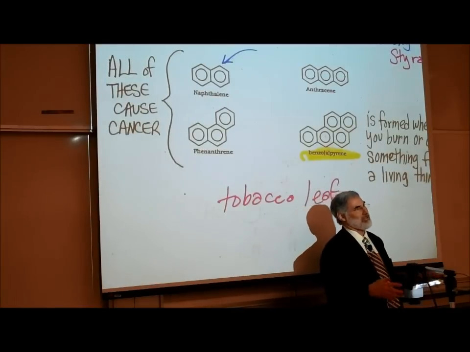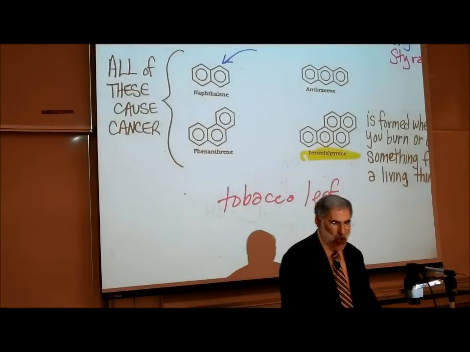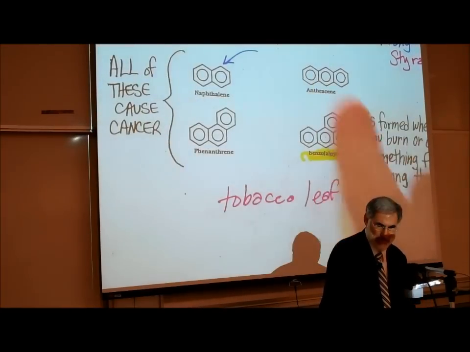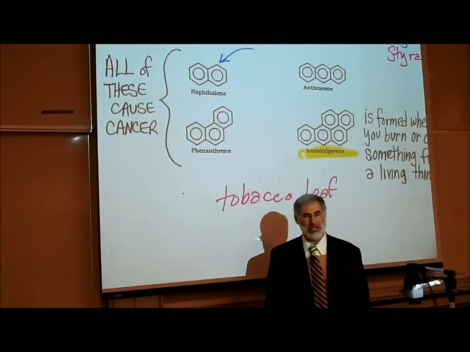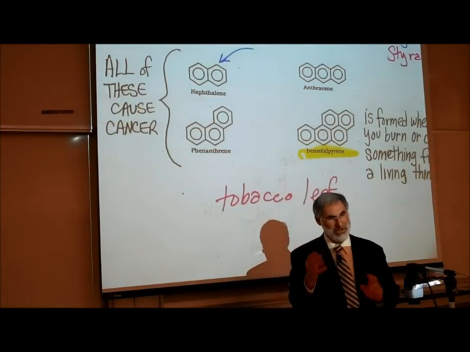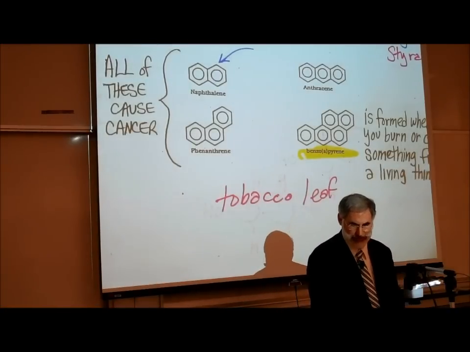And so if you've got two or three or more benzenes joined together, they still cause cancer. All of these cause cancer. Now, I'm not asking you to memorize the structure. Just know that benzene causes cancer, and multiple benzenes joined together cause cancer.